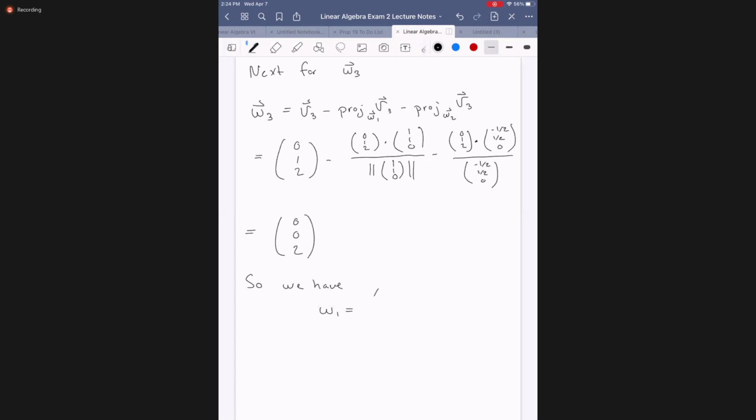So we have W1 equal to (1, 1, 0), W2 equal to (negative 1/2, 1/2, 0), and W3 equal to (0, 0, 2).